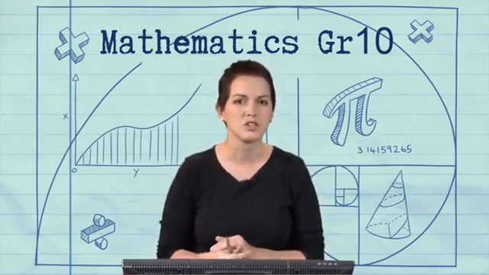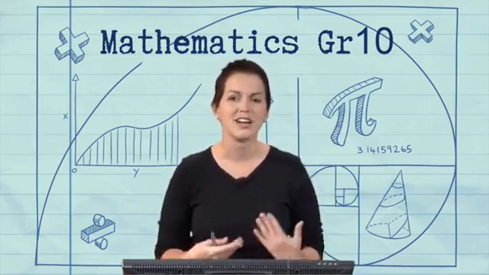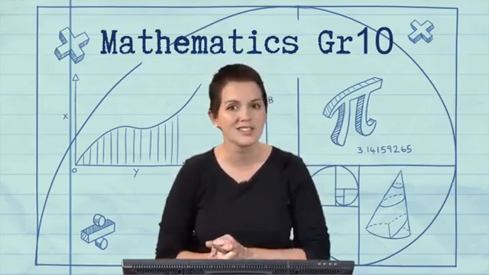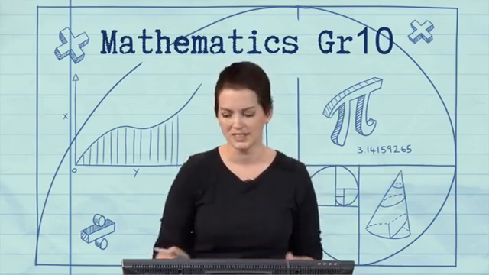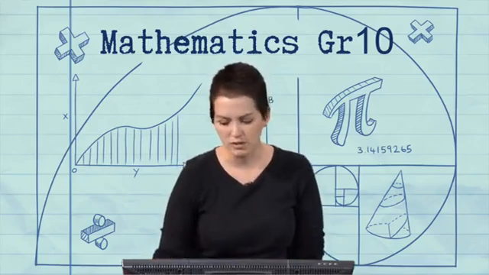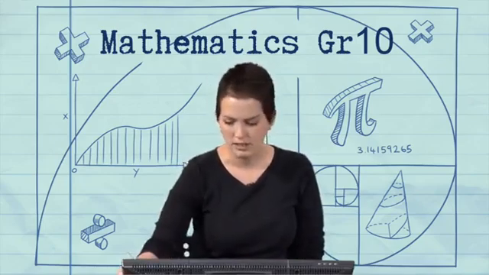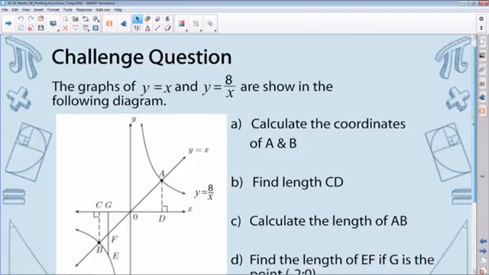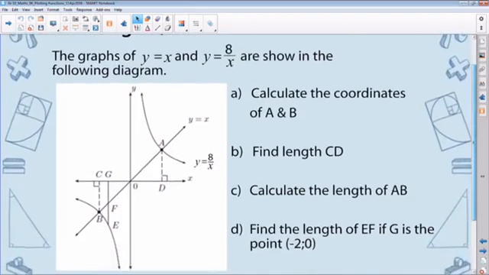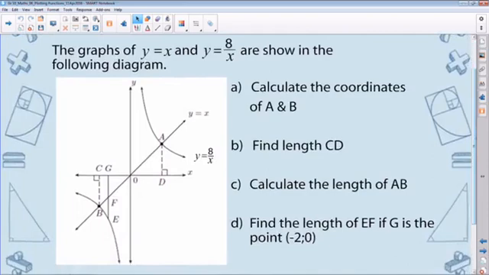Now, before we get too involved in functions, I'd like you to take a look at our challenge question for this week. The challenge question for this week says the graphs of y is equal to x and y is equal to 8 are shown in the following diagram.